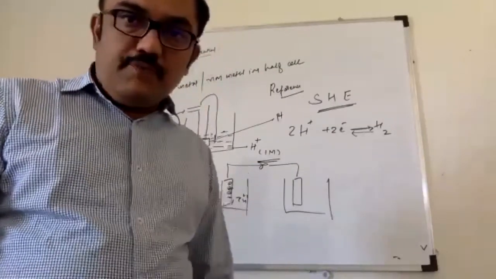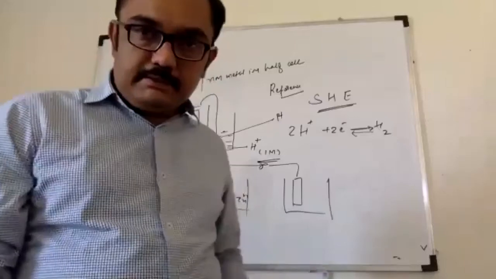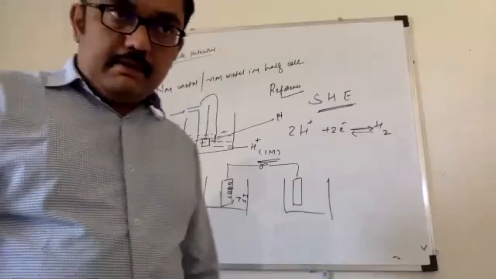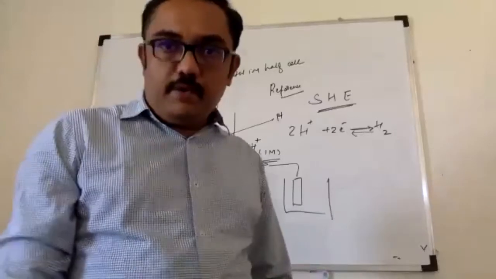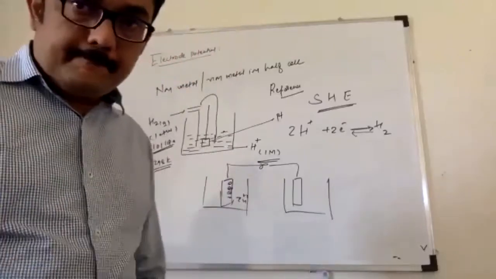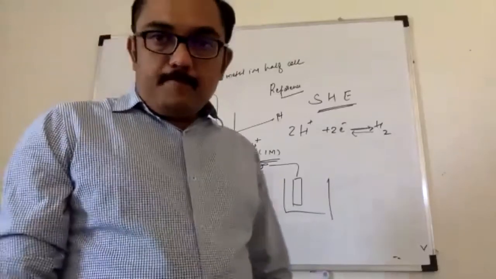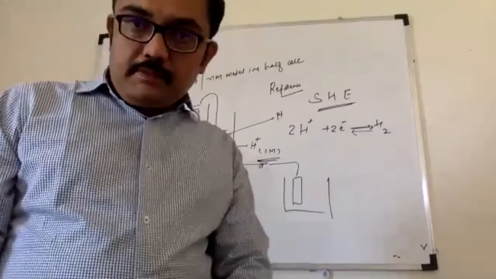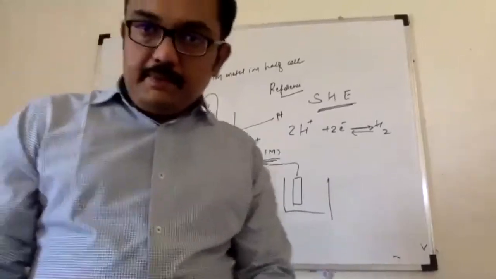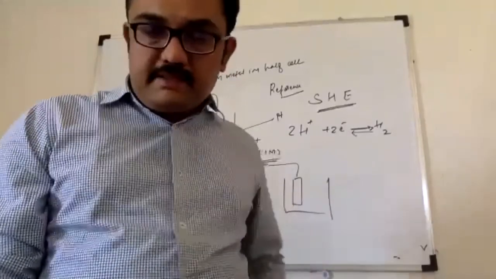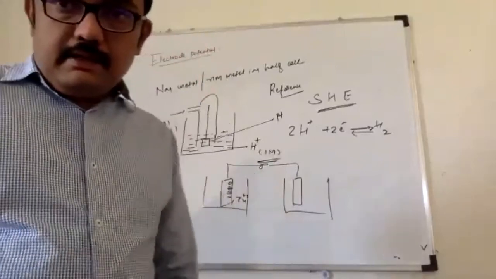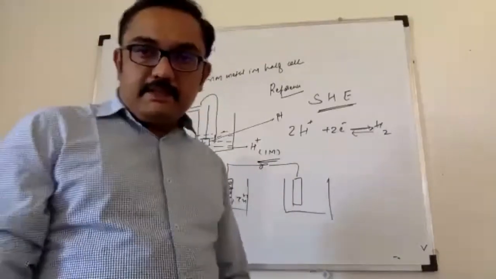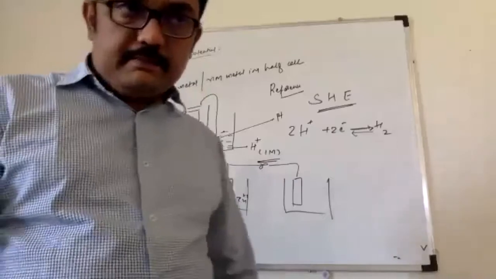Draw the construction of chlorine gas and the chloride ion, platinum electrode. Write the equilibrium reaction of this non-metal ion system.